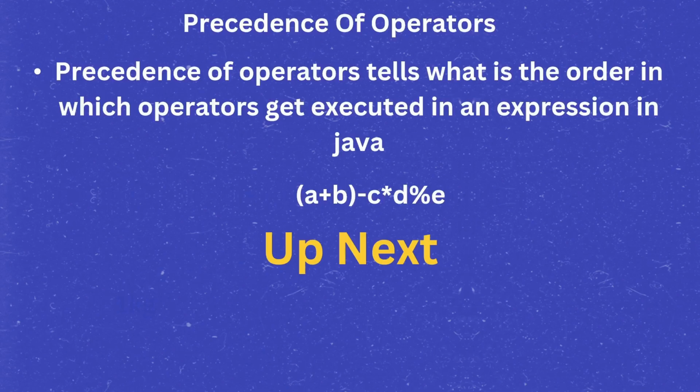So the order of execution of each operator in this expression can be determined with precedence of operators, such as the BODMAS rule that we have in math. Similarly, over here we have precedence of operators to find out the order of execution of operators in an expression in Java. So that will be seen in your next tutorial.